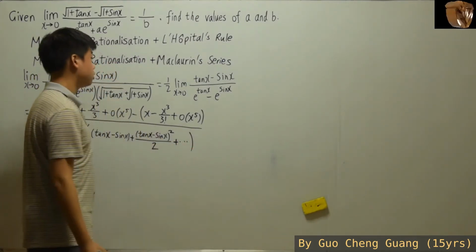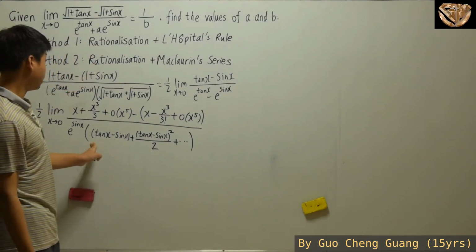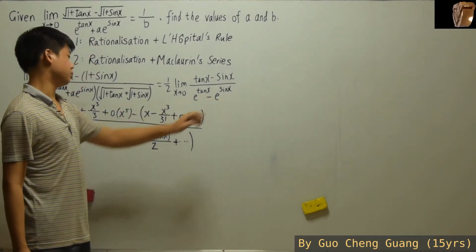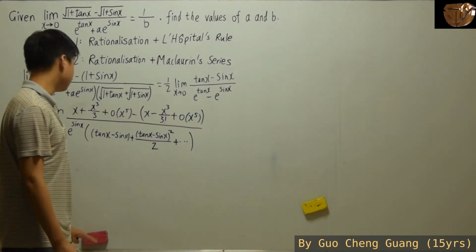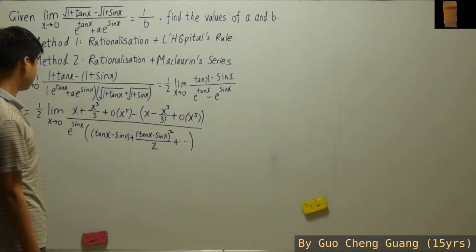Since at first there was a 1, it will just be subtracted by this 1. Essentially this is the term that we are going to see.